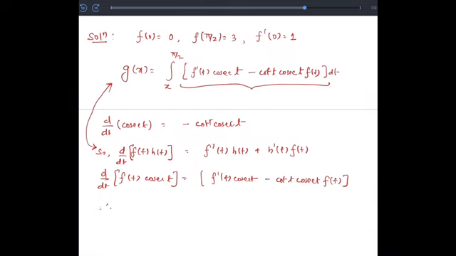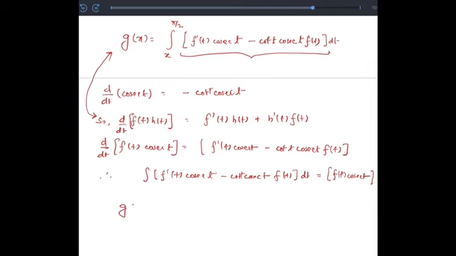So therefore integration of f dash of t cosec of t minus cot t cosec of t f of t dt will be f of t into cosec of t.